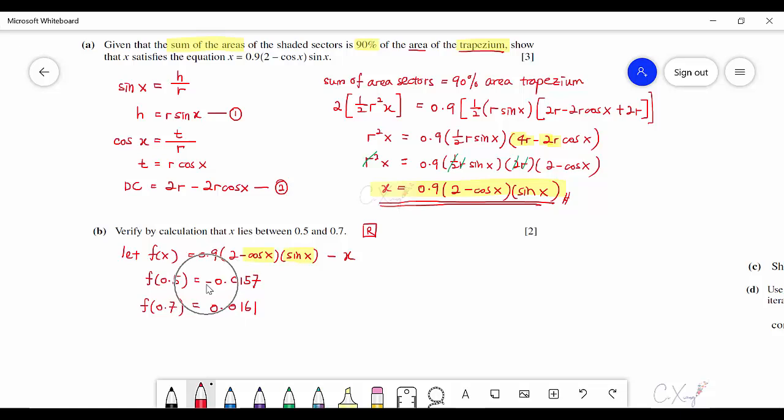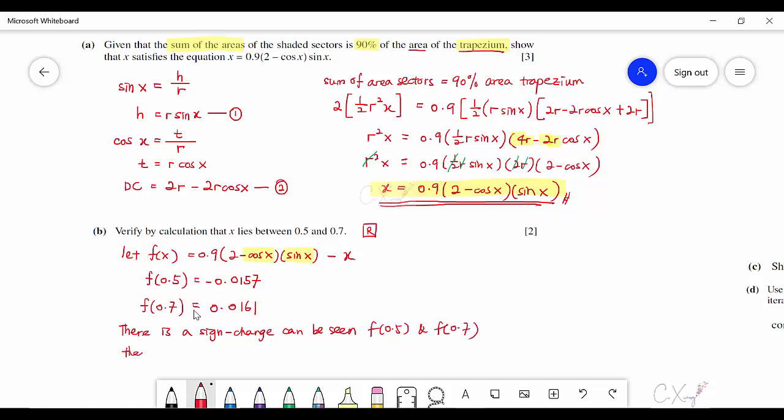From here, very clearly you can see there's a sign change between f(0.5) and f(0.7). So you can make a conclusion saying that there is a sign change between these two function values.